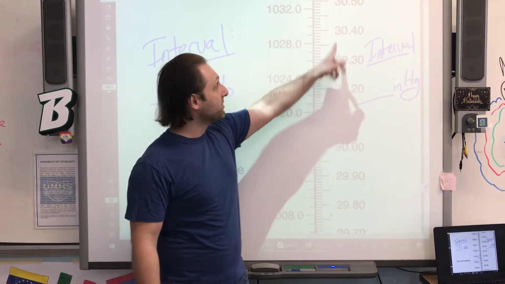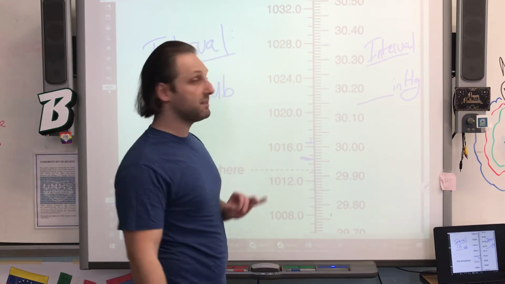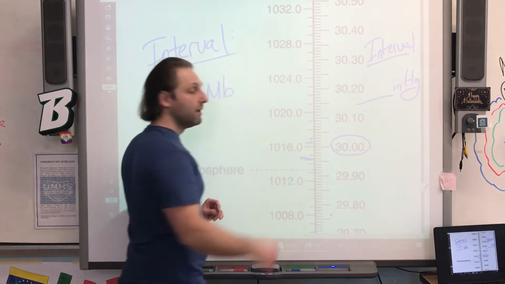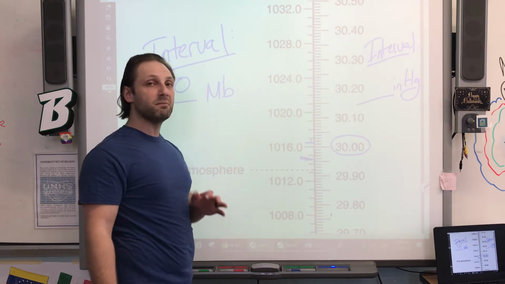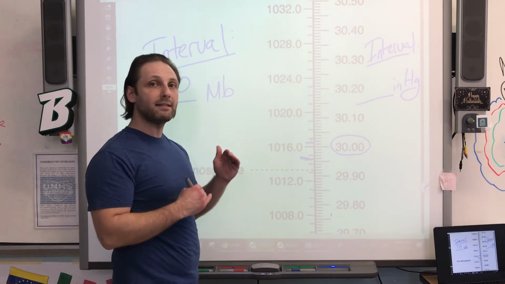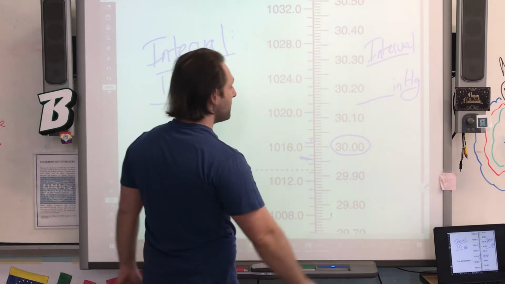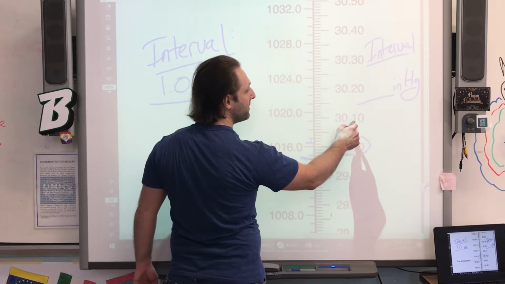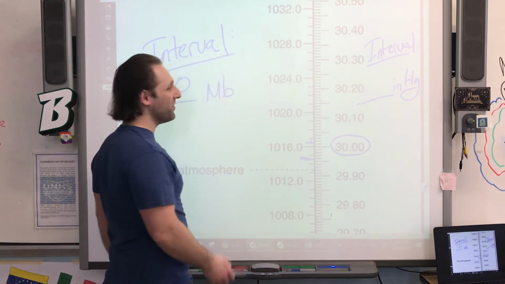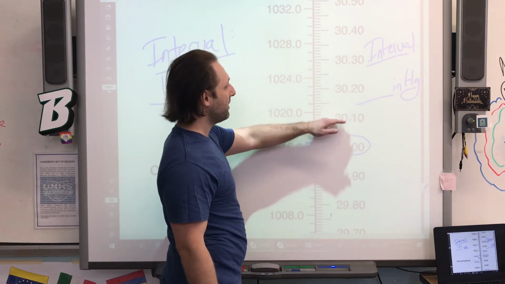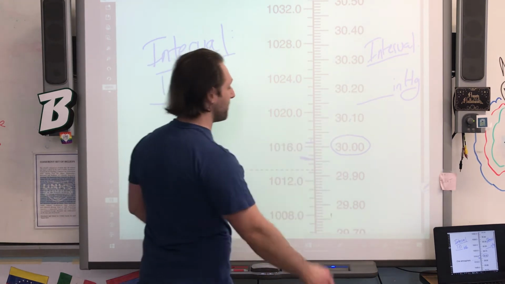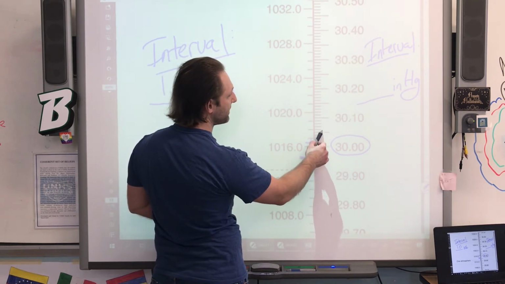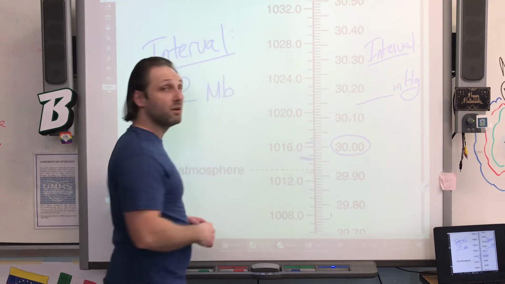Doesn't look like our whole number changes all that much. So let's pick a place that's kind of nice to solve this. I like starting here at 30.00. That's going to make it nice and easy to subtract and divide for our interval. So we've got 30.00, and I'm going to use 30.10 inches of mercury to bookend where I'm going to solve my interval. So I've got 1, 2, 3, 4, 5, 6, 7, 8, 9, 10.